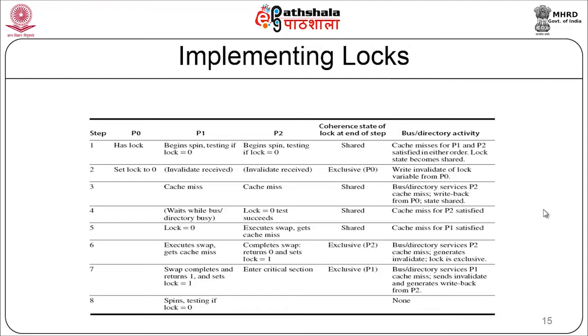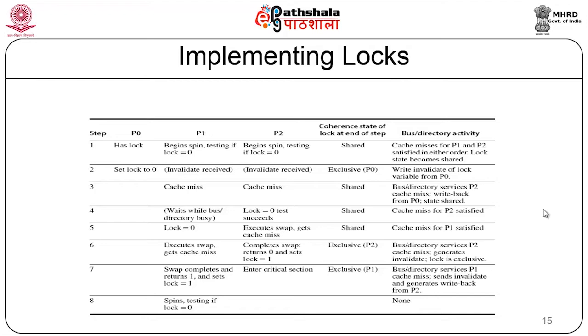The data that has been read by P1 becomes invalidated. Now, P1 tries to do the swap, completes, and tries to get the value, but it finds that somebody else has already acquired the lock, so it gets a value of 1. And it knows that it cannot enter the critical section, whereas P2 has already acquired the lock, it will enter the critical section, and the status of the lock continues to be in the exclusive state.